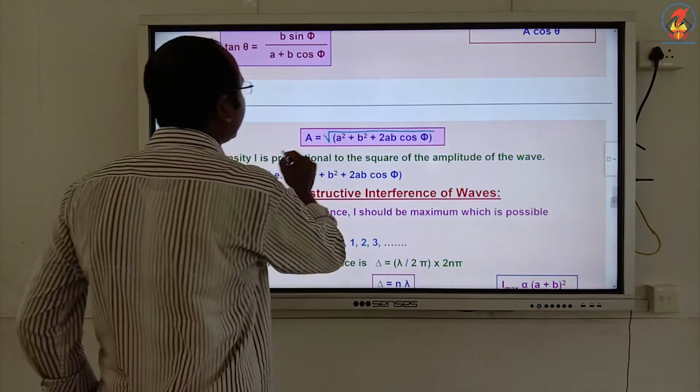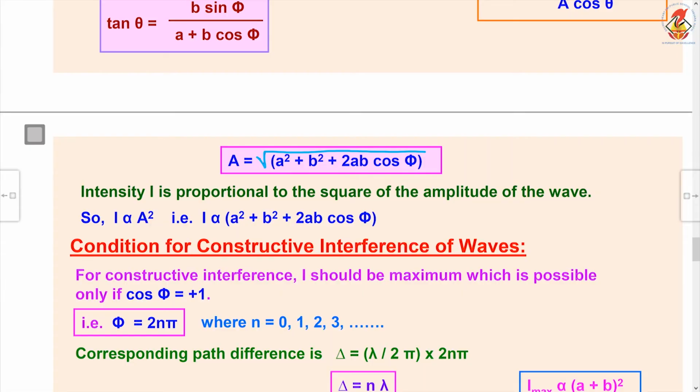Listen to what I am doing. I is proportional to a square, then I1, the first intensity of the wave, can be written as k into a1 square, and I2 can be written as k into a2 square.